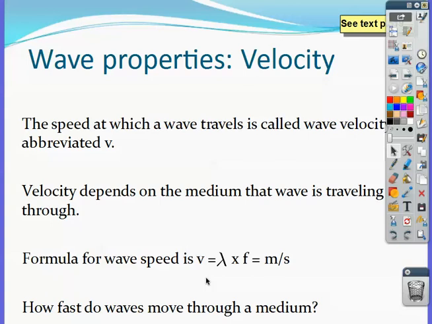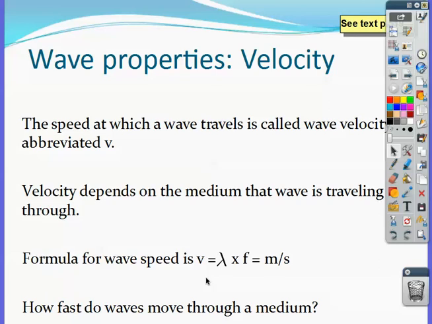If we start with no medium at all, in a vacuum, light is going to travel at its fastest speed, and it's going to travel progressively slower as we go from a vacuum to a gas, where there are particles, but they're pretty spread apart. And then slower still when we get into a liquid, where the particles are more closely packed than they were in a gas. And then slowest when we get into a solid, where the particles become pretty tightly packed together.